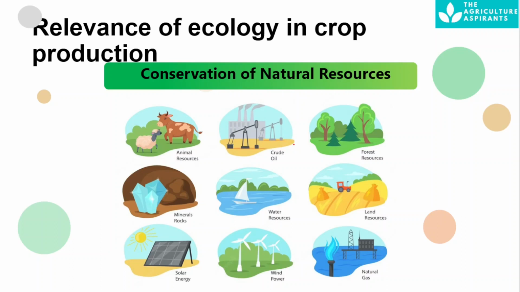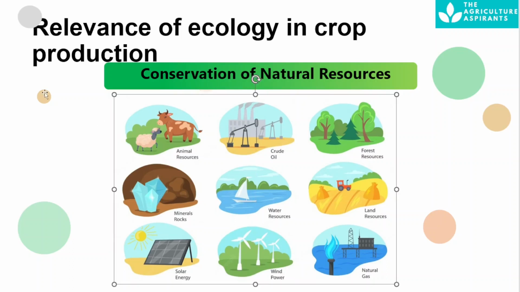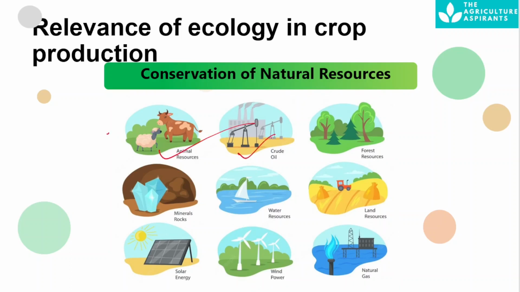Next, conservation of natural resources. If you have an idea about ecology, we will judiciously conserve natural resources like animal resources, water resources, crude oil, forest resources and minerals, because these are very important resources. If natural resources deplete with time, it will have a significant impact on our life.